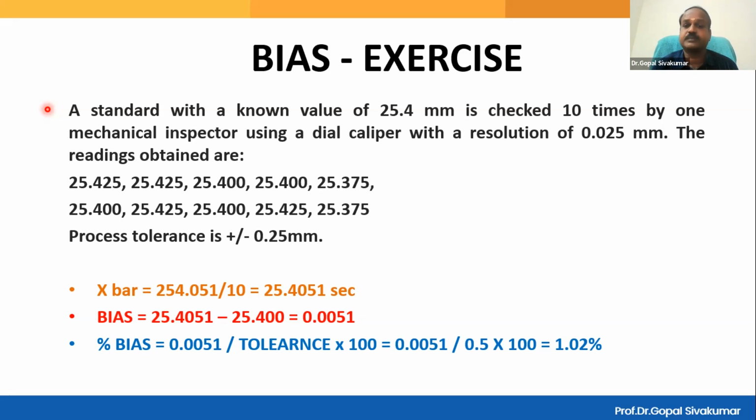Do you understand? Yeah. Any measuring equipment will have a tolerance. If I say my measuring equipment is plus or minus 0.5, what does it mean? You can expect a bias of 0.5, isn't it? Yes. So plus or minus 0.5 means you can expect a bias of 0.5.